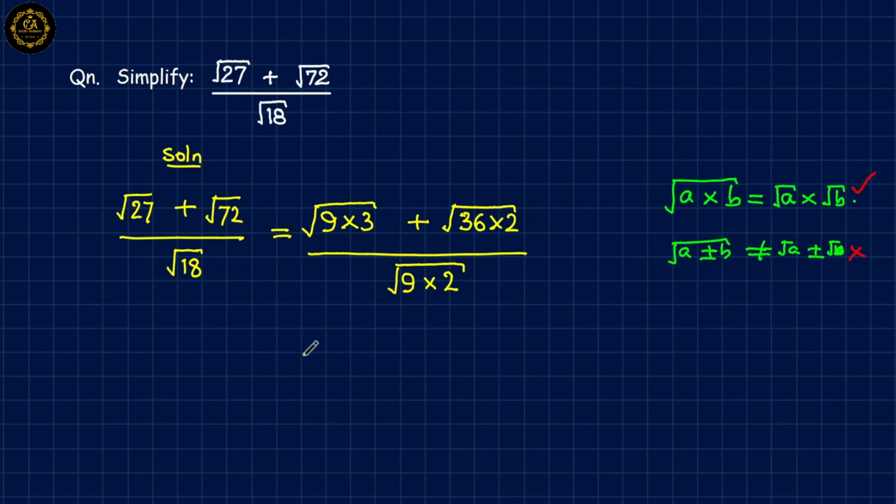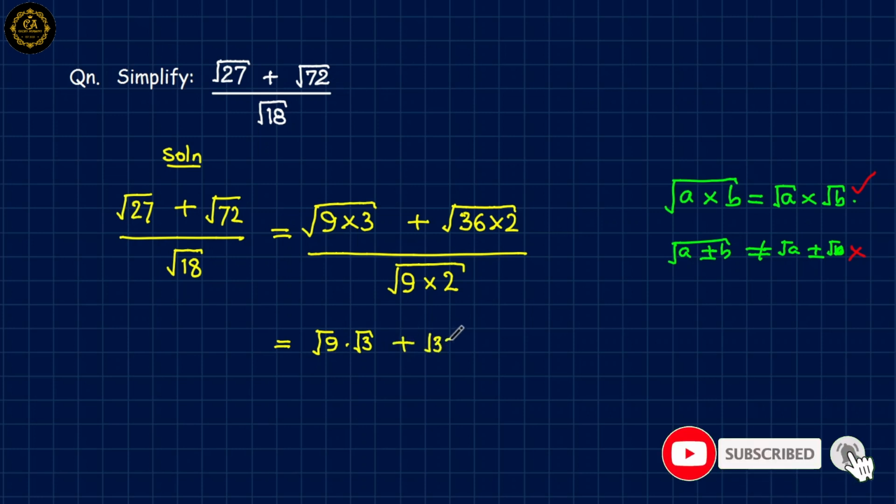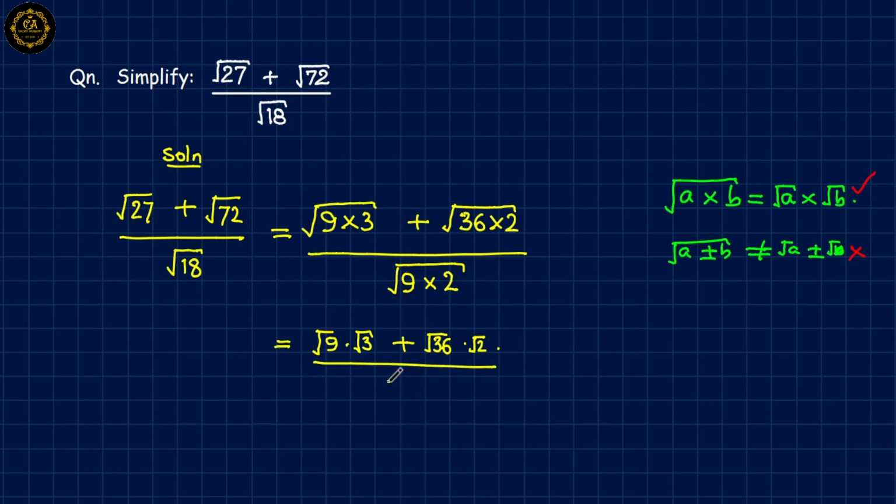Let's take note there. Now, since we're multiplying, we're allowed to distribute. So we have here root 9 times root 3, plus root 36 times root 2, and we divide it by the denominator, and that is root 9 times root 2.